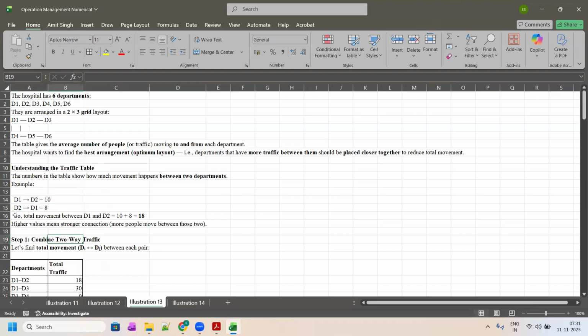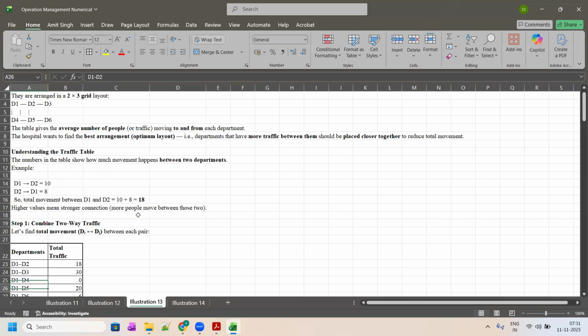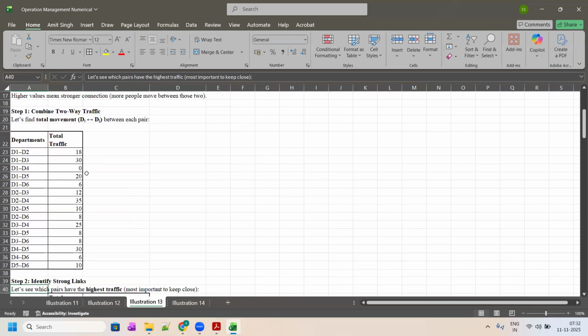So the total movement between D1 and D2 would be 18. Like this, we'll find it for each department.